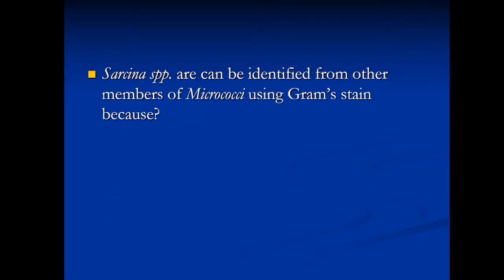Now, Sarcina is another member of the Micrococcaceae, and they are identified from other members of the family because of their special gram stain appearance. They have clusters of eight, or packets of eight.